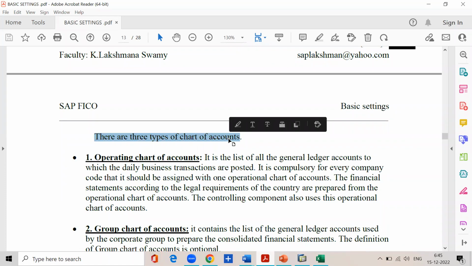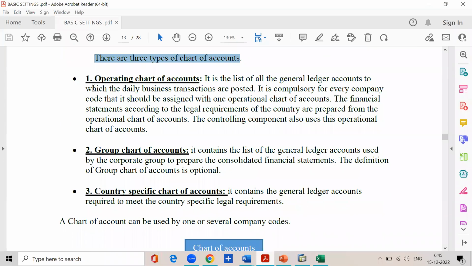Then there are three types of chart of accounts. Now we will see the purpose of each of these. Operating chart of accounts: it is the list of all the general ledger accounts to which the daily business transactions are posted. It is compulsory for every company code to be assigned one operational chart of accounts. Here, operational chart of accounts or chart of accounts, both are the same. The financial statements, according to the legal requirements of the country, are prepared from the operational chart of accounts only.